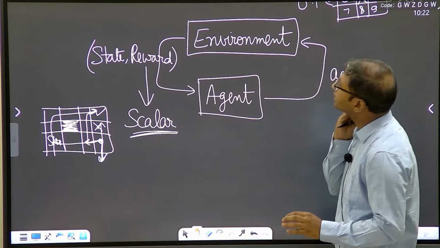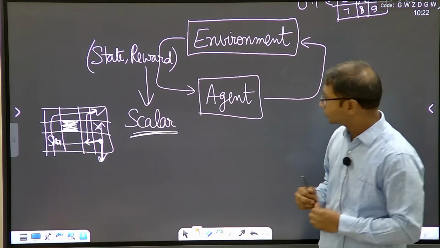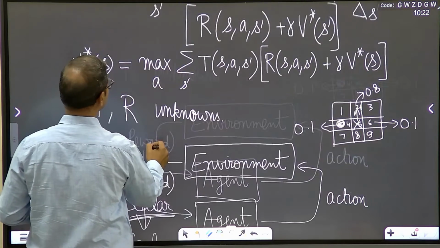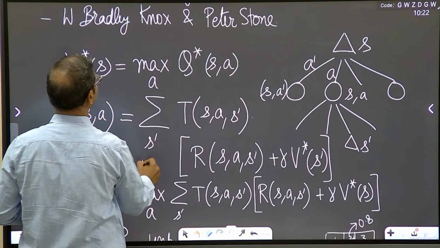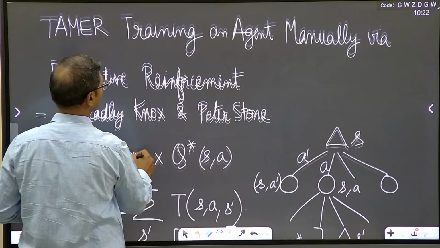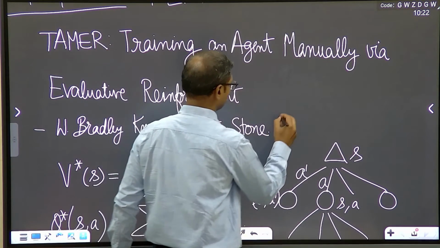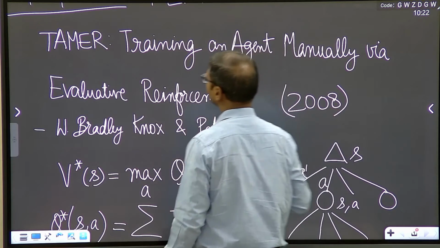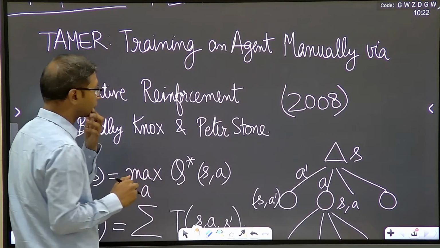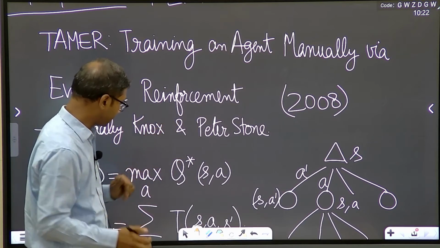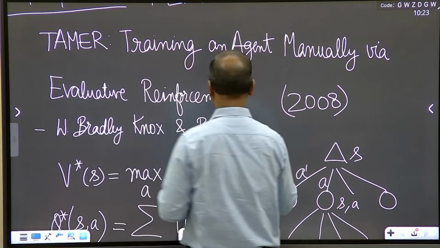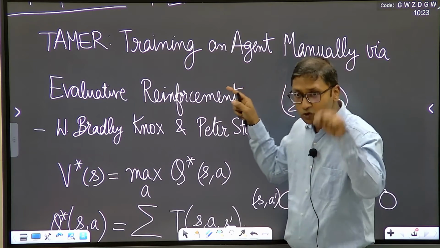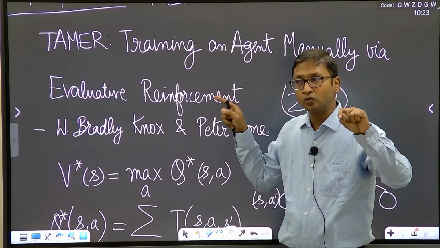Now, how does this help in what we are doing? So the paper that I have cited is actually from 2008, and from what I could see through various literature search, this was probably the first paper that talked about reinforcement learning through human feedback.